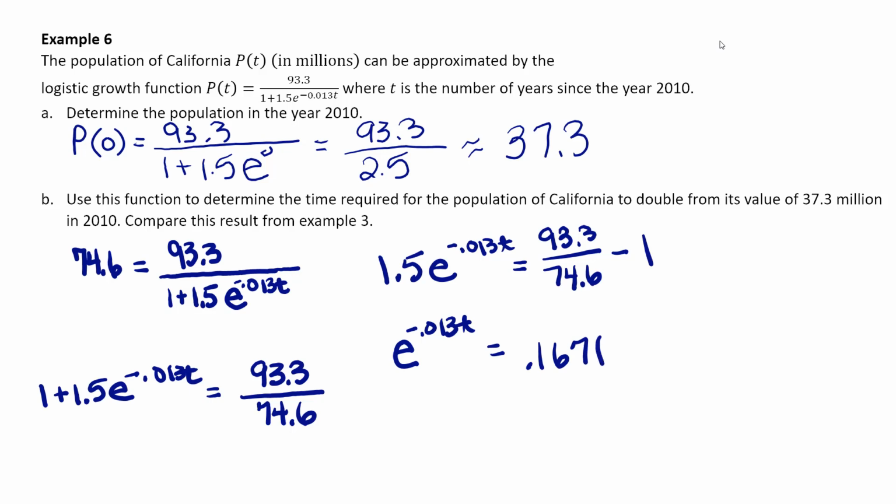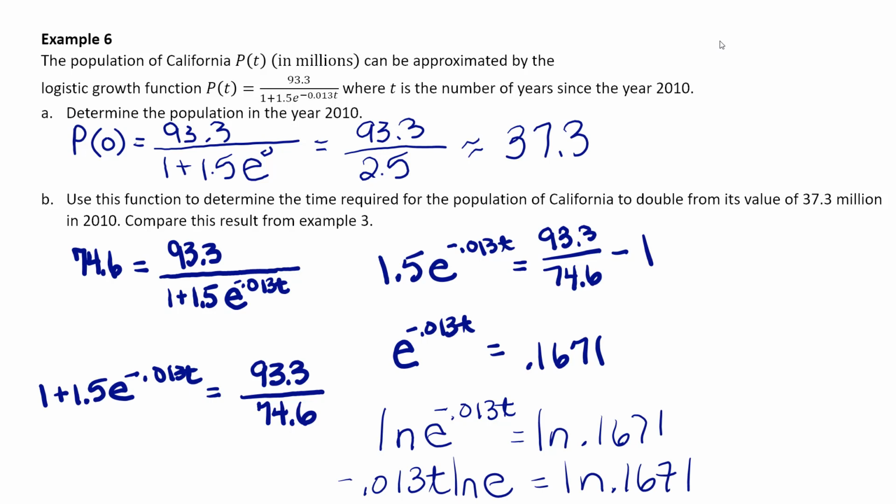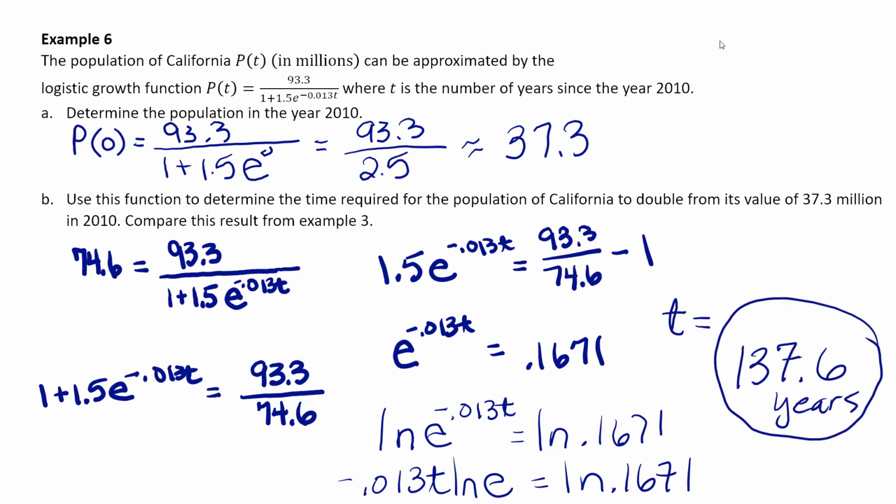And then we can take the natural log on both sides. And then the exponent comes down in front. And then we can cancel out the natural log of e because it equals 1. And we will get t equals about 137.6 years. And if you remember back in example 3, it turned out to be 80-something years.